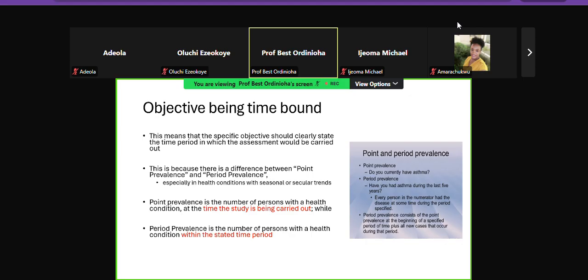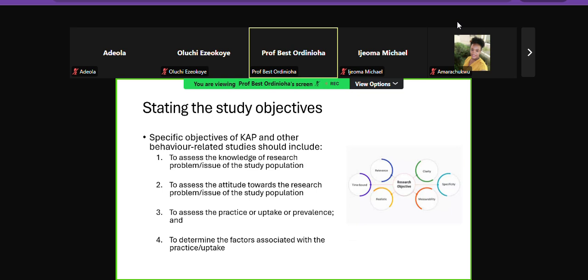For example, period prevalence of diarrhea is used as a measure of access to sanitation facilities. It's usually calculated over 2 weeks. So you have to note about that.